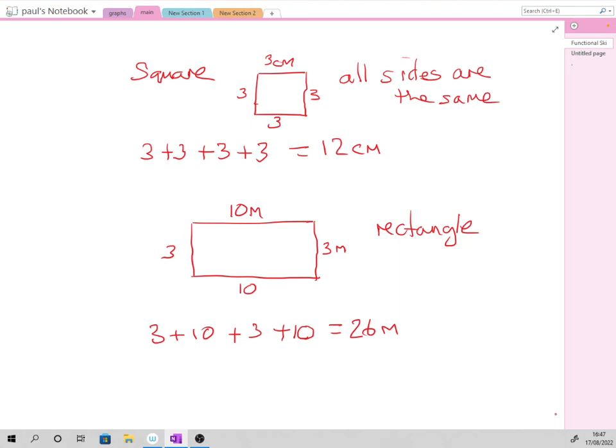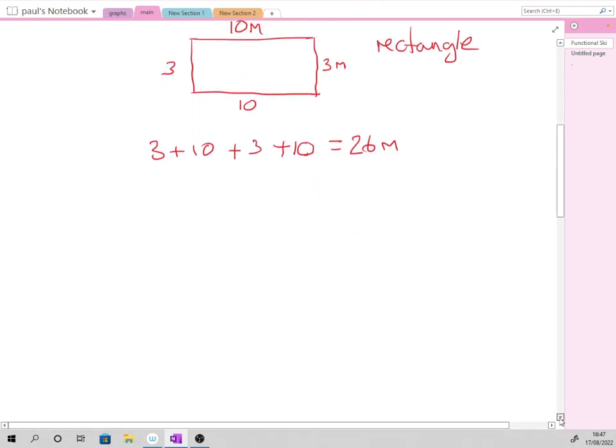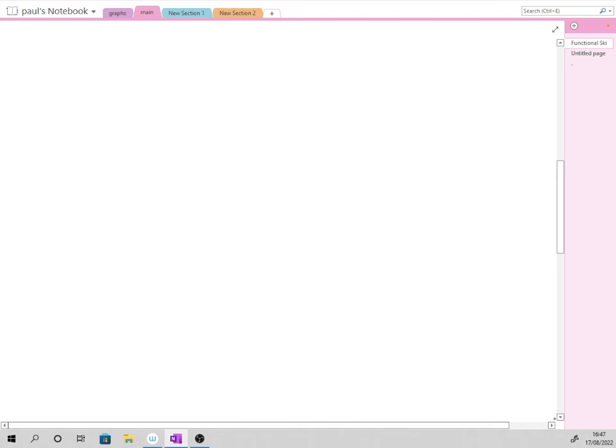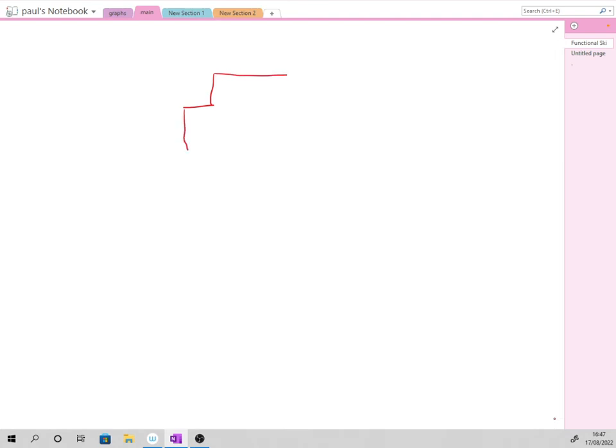And what we're going to look at is shapes that are a little bit more complicated than that. Sometimes they don't give you all the information that you need, and sometimes they will. By the time you get to your level 2 exam, then, do forgive me, I'm drawing this freehand, so all these are supposed to be parallel to each other and right angles and all this kind of thing.